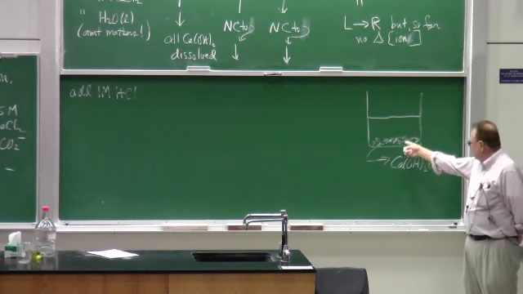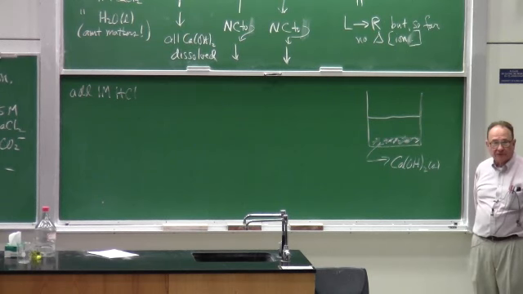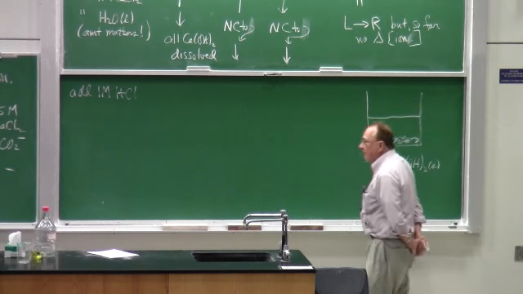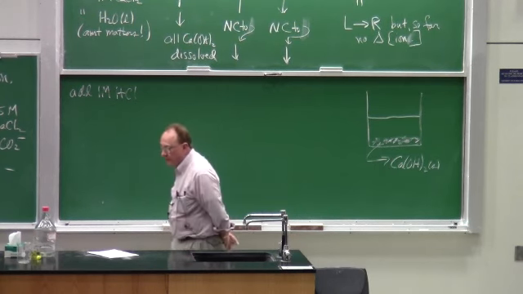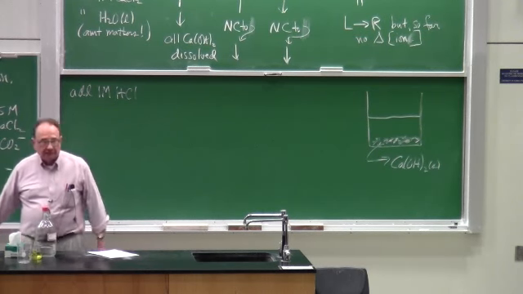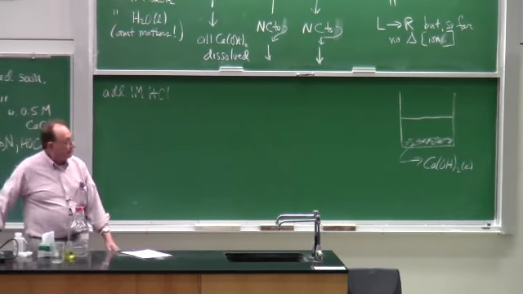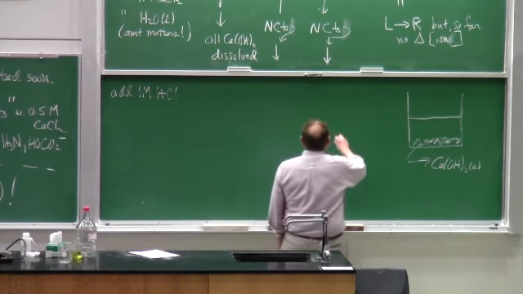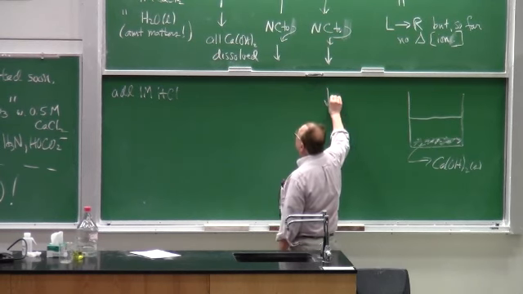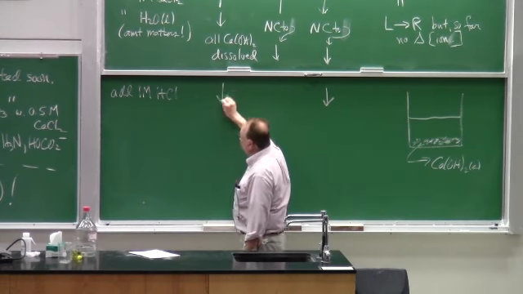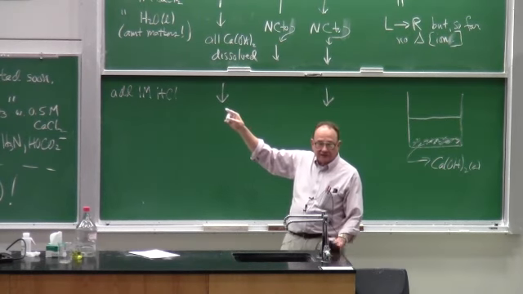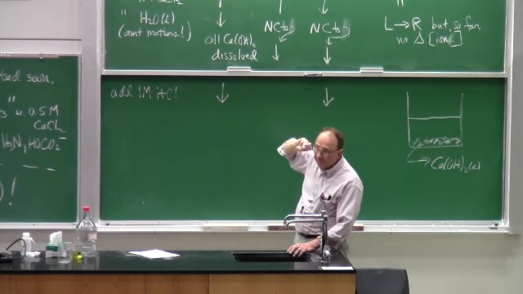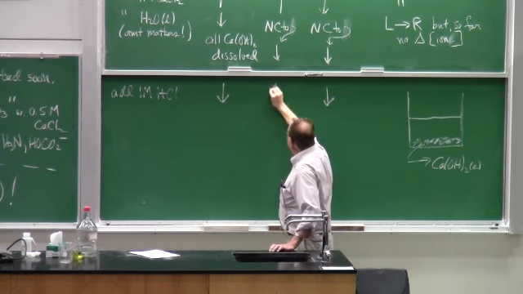This stuff, this chalk smear, represents undissolved calcium hydroxide crystals. Okay? I'm going to add some 1 molar HCl. Well, there's no question that hydronium ion attacks hydroxide ion quite effectively. So when I add the 1 molar HCl solution, hydroxide ion molarity's got to come down. The amount of calcium hydroxide's got to come down because hydronium ion is certainly going to attack calcium hydroxide. What's going to happen to calcium ion molarity? Increase. All right.